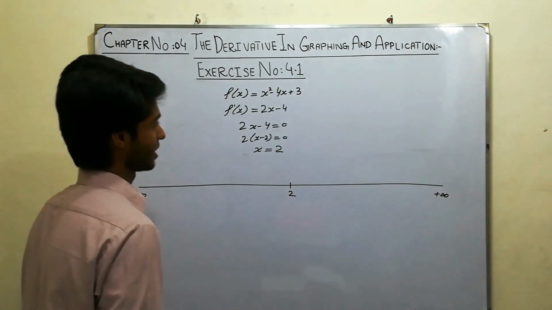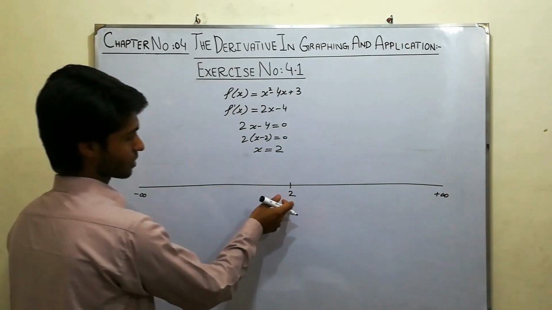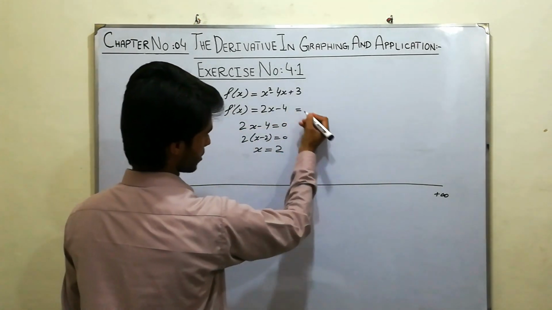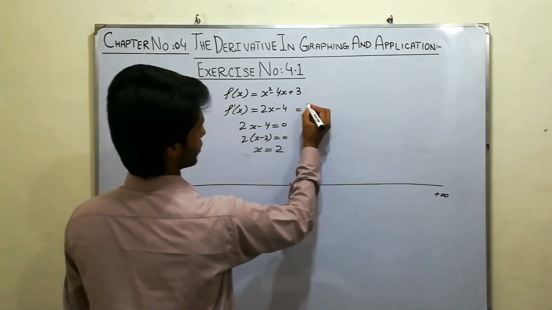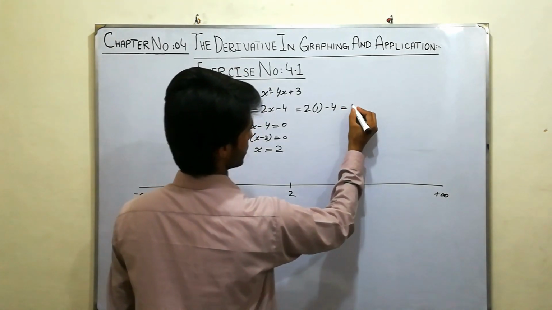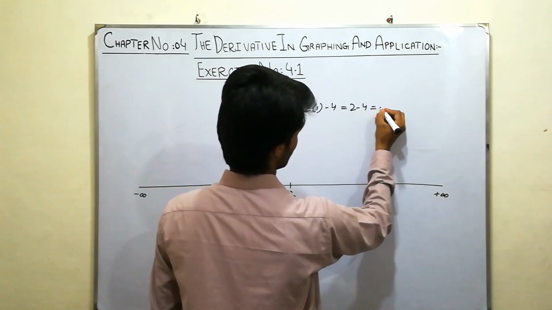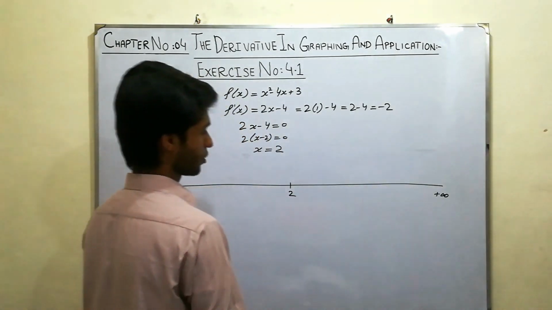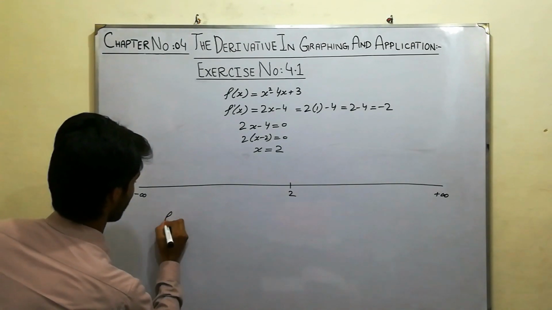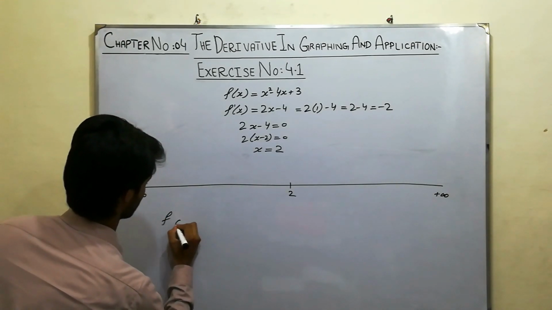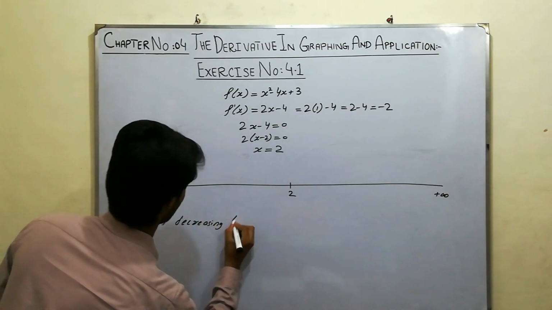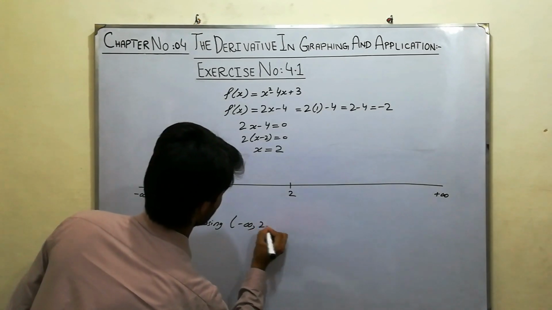If we put a value less than 2 in the derivative function, let's suppose we put 1, we get 2(1) - 4, a negative value, which means the function is decreasing from minus infinity to 2.